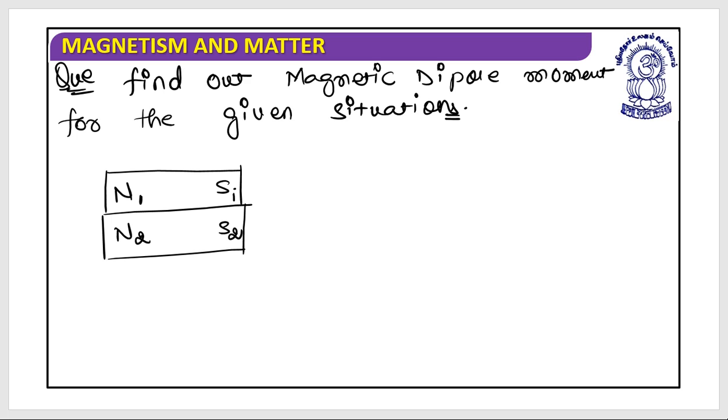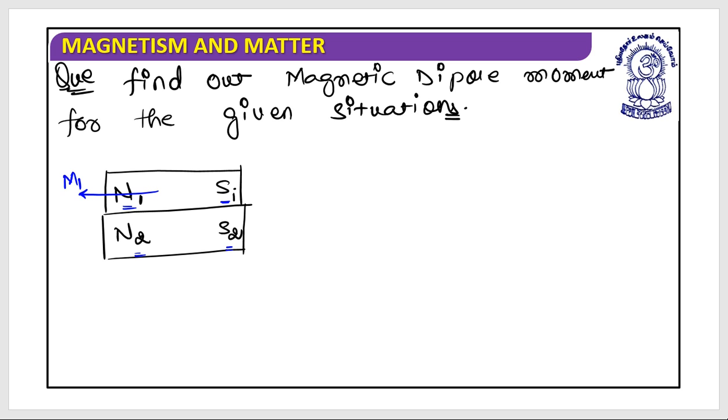First, it's N1 S1 and this is N2 S2. As they have been given separate numbers, they are not identical magnets. If NS had been written, we could understand that they are identical magnets. Now, the direction of magnetic moment of the first magnet is in the negative x direction.